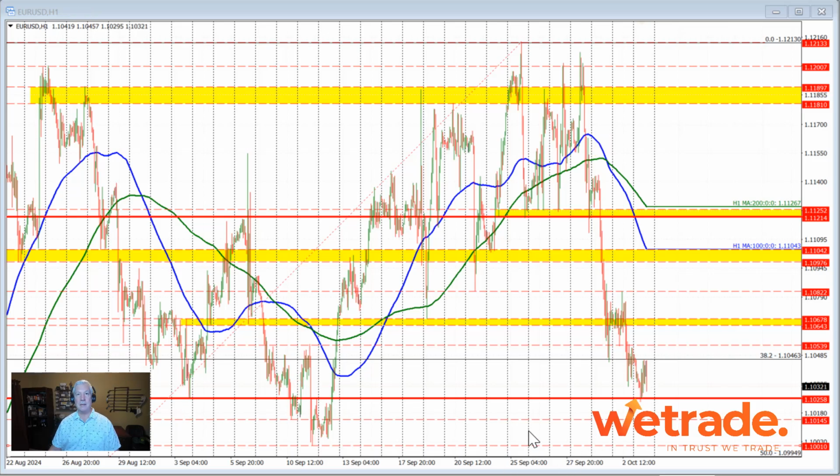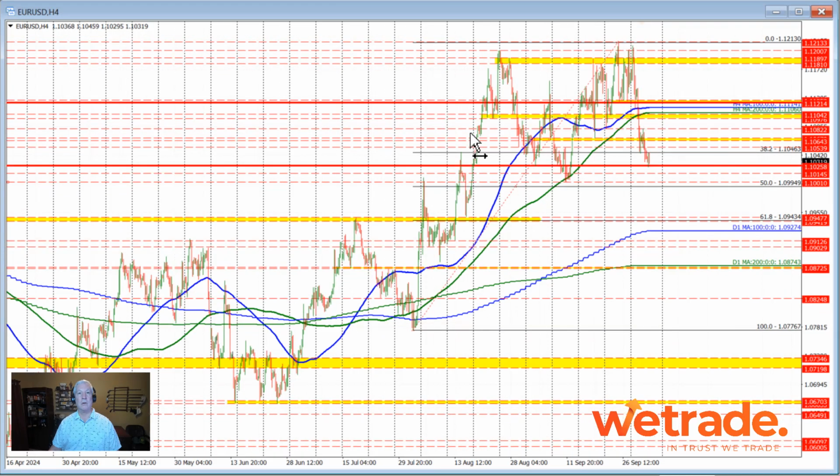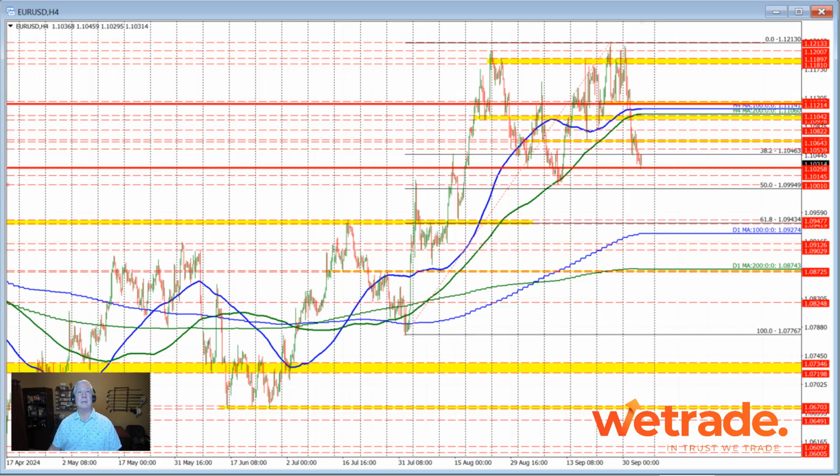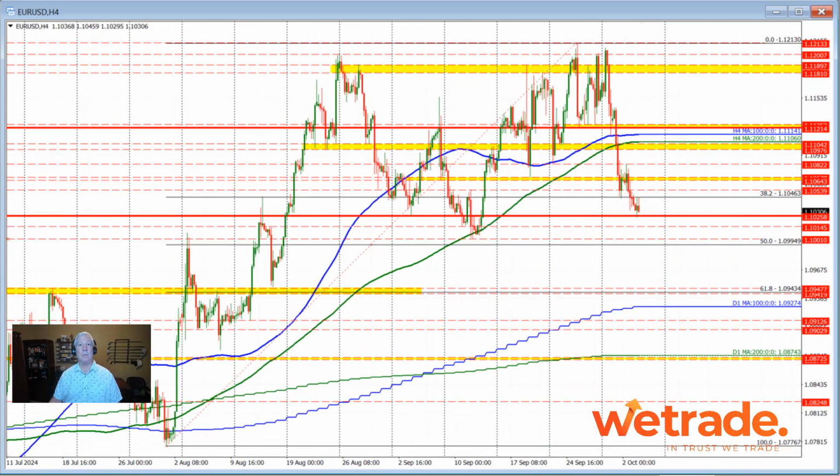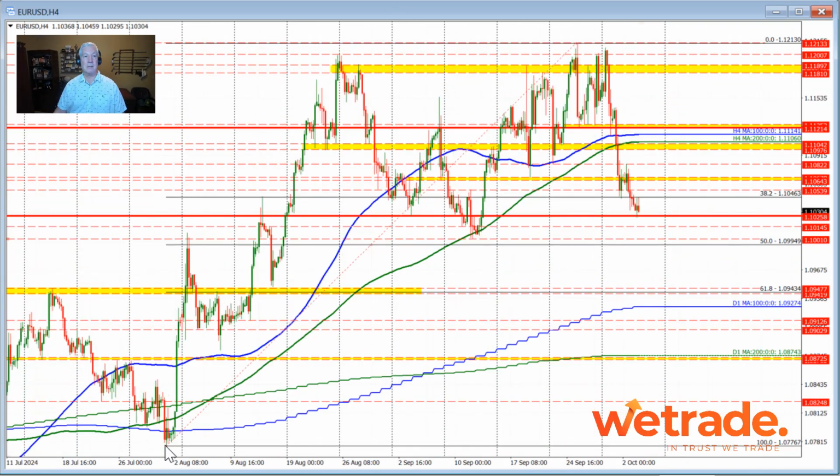Now, if we take a look at this 38.2% retrace, we're going to switch to the 4-hour chart because you can see a little bit more of where we have come from. If you go back to this August low, August 1 actually, to the high price that we saw in the month of September, the 38.2% retracement of that move to the upside comes in at 1.1046, and the corrective high price off our low today has come up to that level and found willing sellers against it.